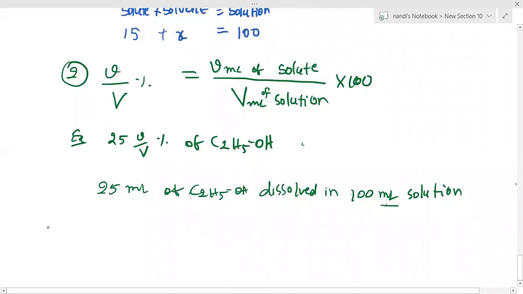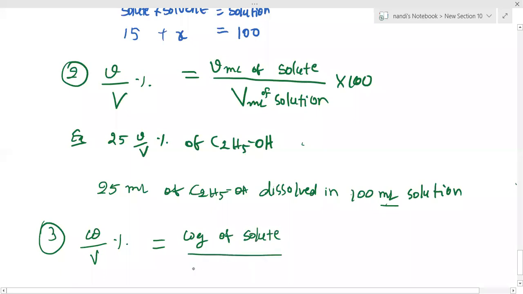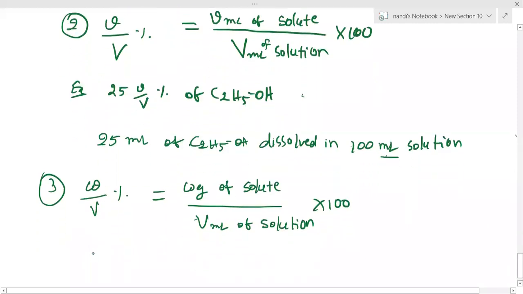You can write. Next, W by V percent. Can you try this? W grams of solute dissolved in V ml of solution, into 100 because of percentage. Right, sir.